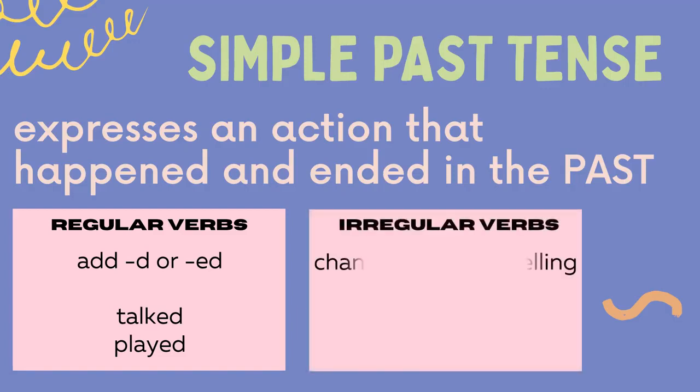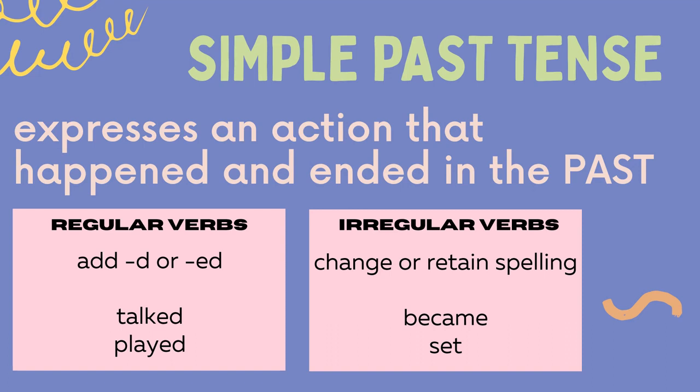For irregular verbs, we usually change or retain its spelling. Example, became and set. The past tense of become is became, and the past tense of set is also set.